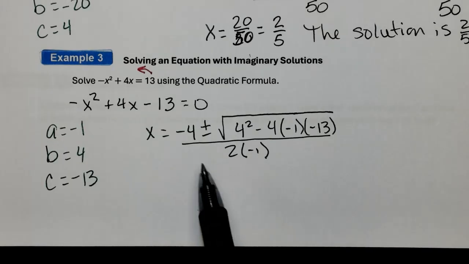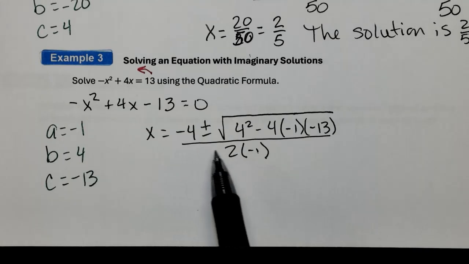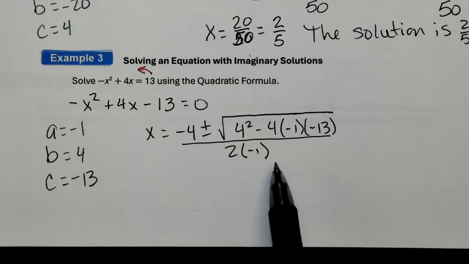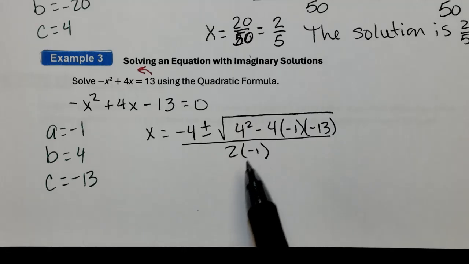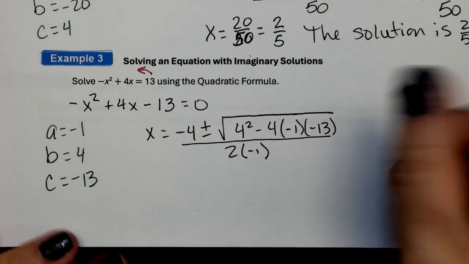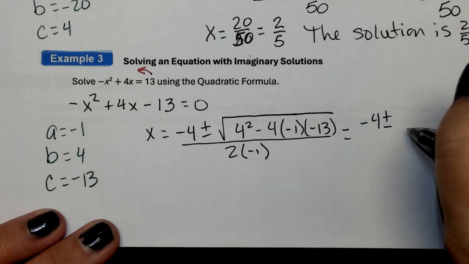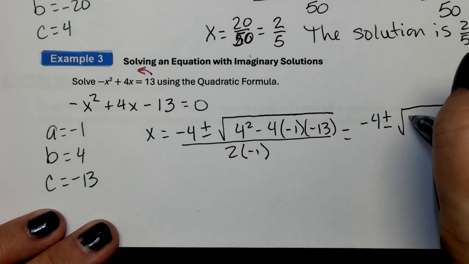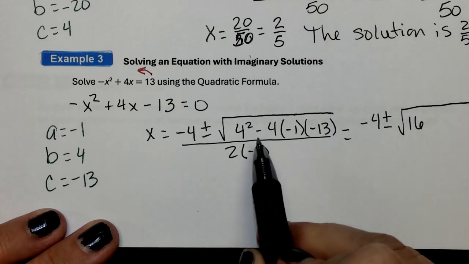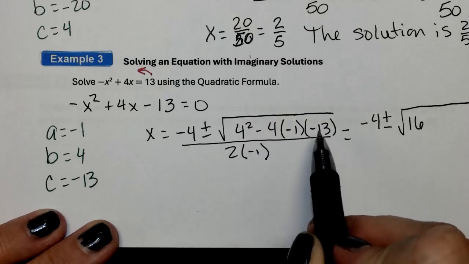All right, so hopefully you gave this a try. You plugged in your ABC values and got this. And if you simplified it already, you can skip through the next few seconds. I'm going to simplify it with you guys. It's completely up to you. All right, so we got 4 squared, which is 16. And then we have negative times a negative times a negative.